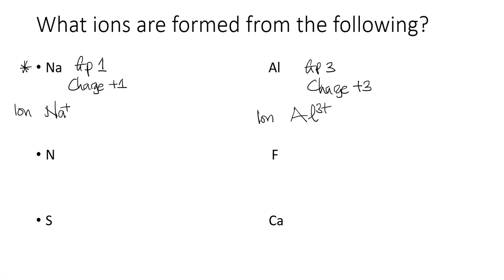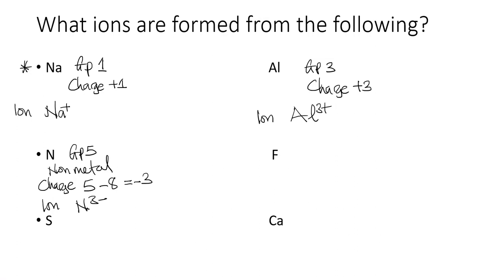Nitrogen, we say nitrogen is in group 5, but we know that nitrogen is a non-metal. Therefore, to find its charge, it is group minus 8, which is negative 3. Therefore, the nitrogen ion will be written as N3 minus.